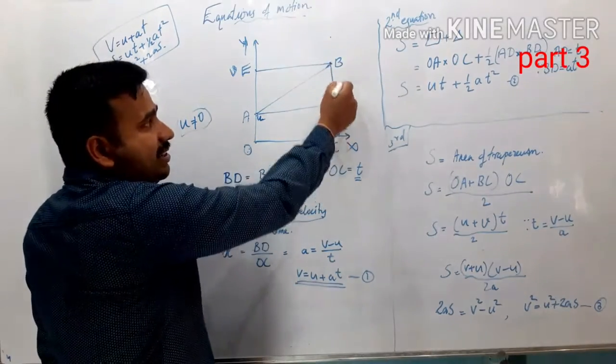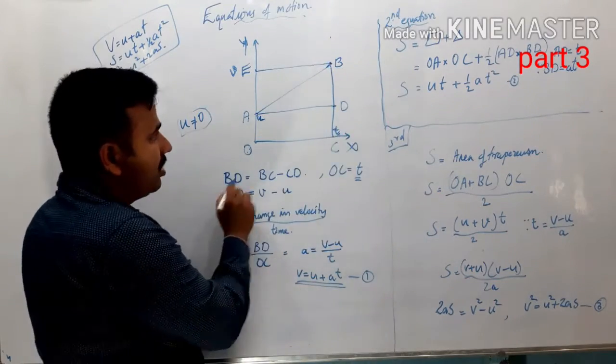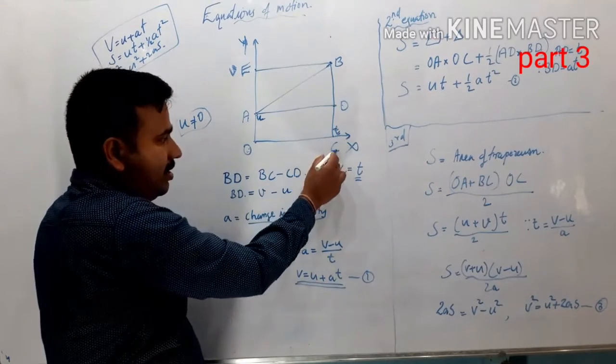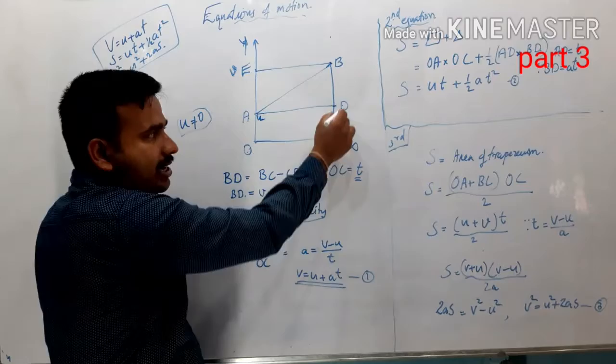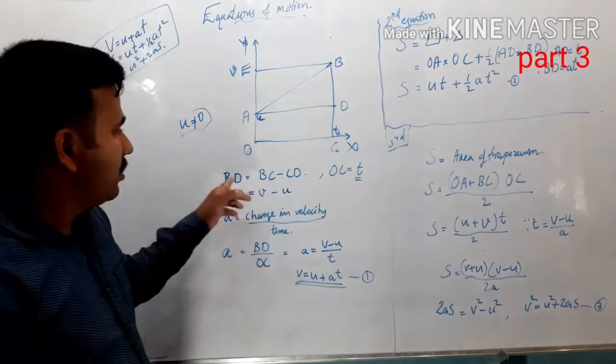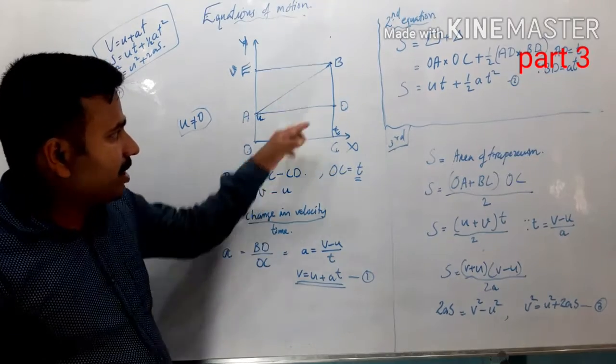What will be BD? BD will be equal to BC minus CD, and OC is equal to T. Again, what is BC?